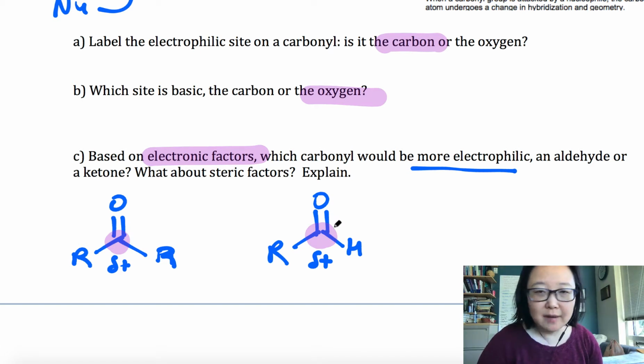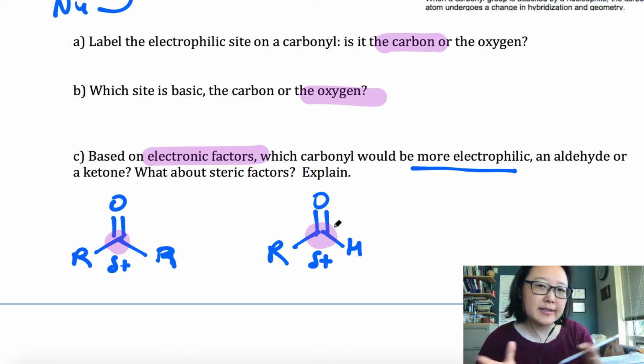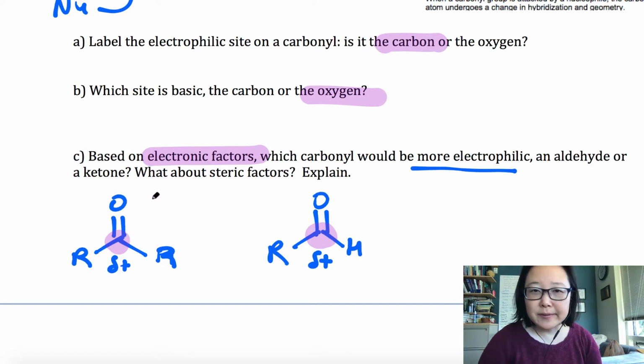Let's think back to carbocations. Remember when you had a carbocation, you had R groups, and a tertiary carbocation has more R groups and would be more stable. So the more R groups there are, the more induction there is, right? The charge density can go toward the positive, therefore stabilizing it. So based on that, who do you think would be more stable?